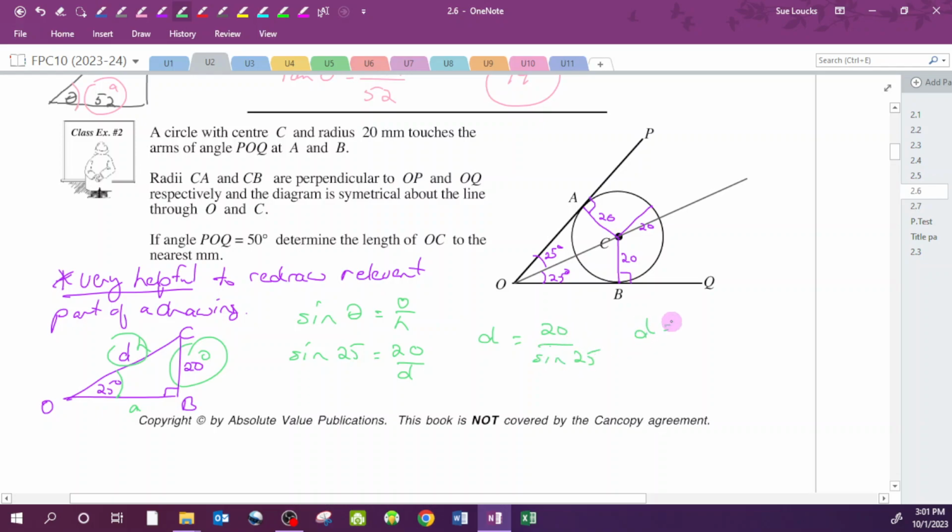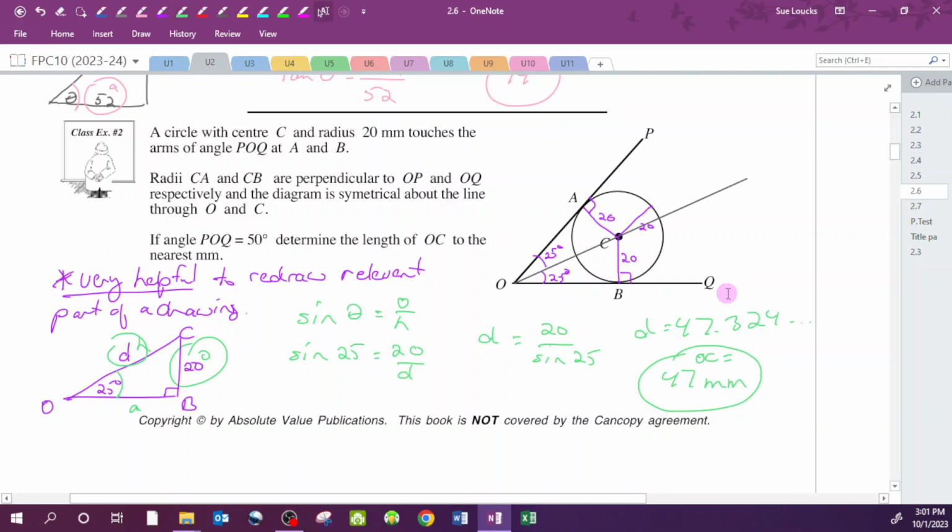So D equals 20 divided by sine 25, which is 47.324... So to the nearest millimeter, 47 millimeters is my answer. I can put OC equals 47 millimeters. Okay, there we go.